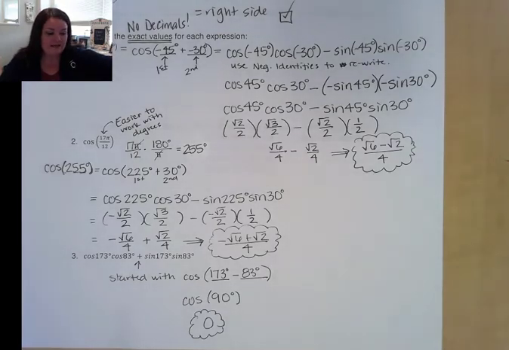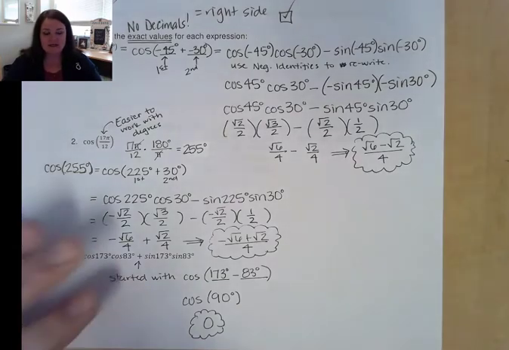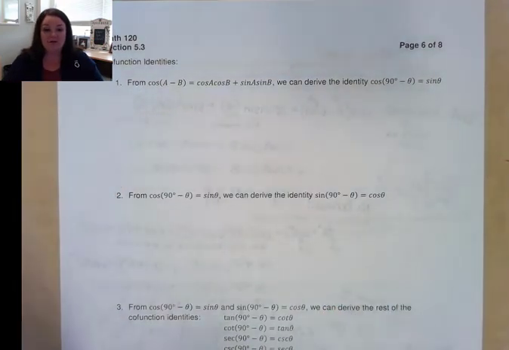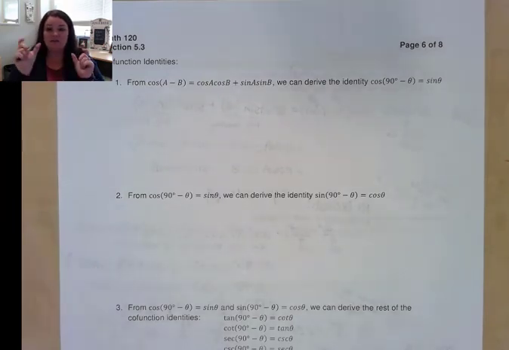The other identities that we're going to start talking about are cofunction identities. I don't know if y'all remember going over cofunction identities. We talked about them back when we were first introducing the idea of an acute angle. So remember, a cofunction identity was that if I have two angles that add up to 90 degrees, then I know that their sine and their cosine values are the same, right?